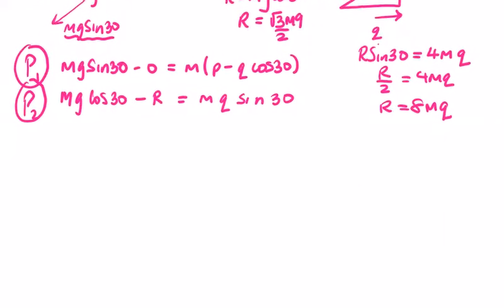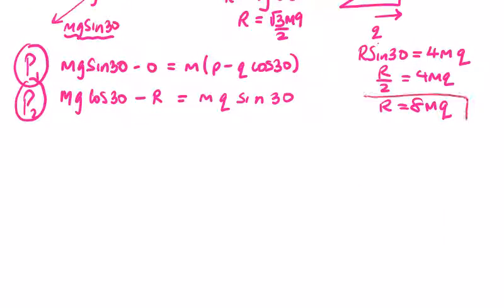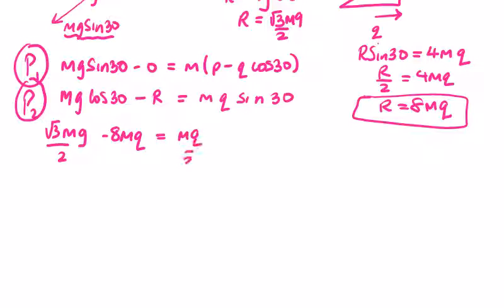Okay, so let's start tidying them up now. We have this equation, so we can sub R in. Let's sub R into the second equation here. Mg times root 3 over 2 minus 8mq is equal to mq over 2. Multiplying by 2, I'm going to get root 3 mg minus 16mq is equal to mq.